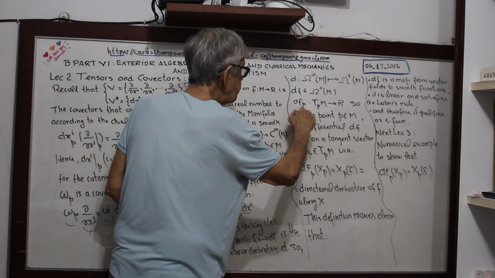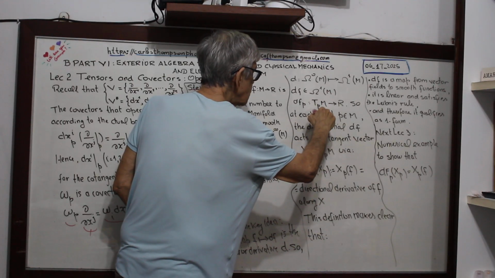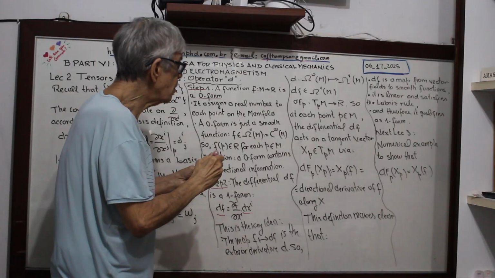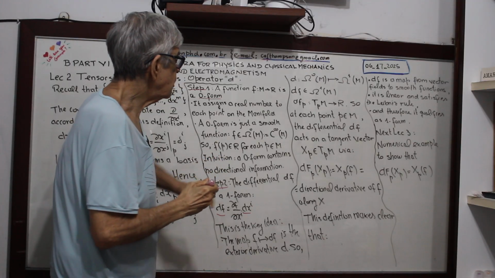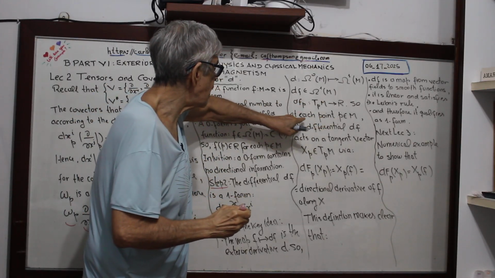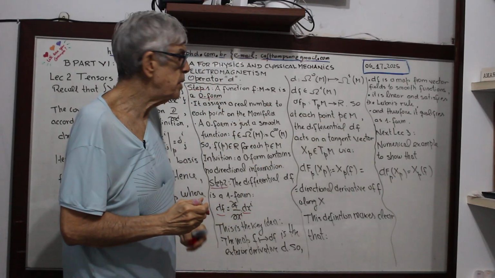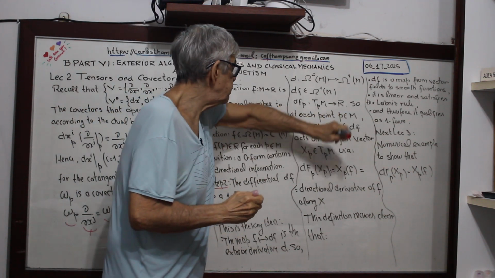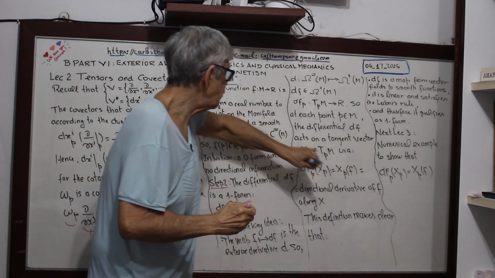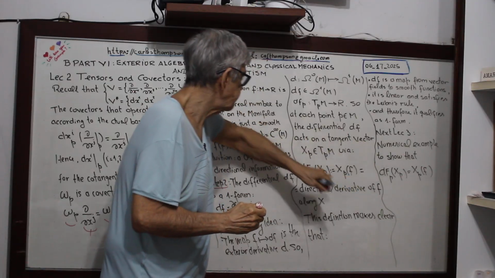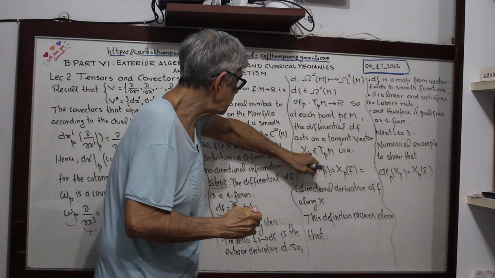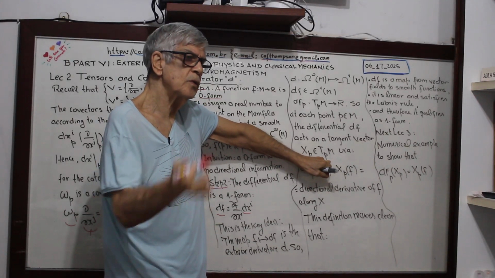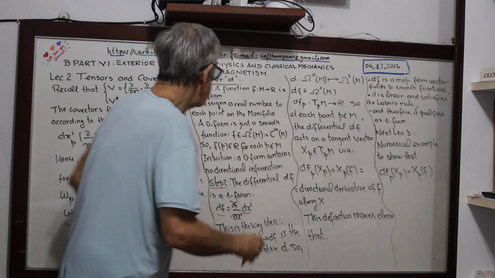df at p acts on T_pM and leads to a real number. This is important because this is at each point p of the manifold. So at this point p, the differential df acts on the tangent vector X_p, which belongs to T_pM. This is a tangent vector, the flow, as we derived in part 5.